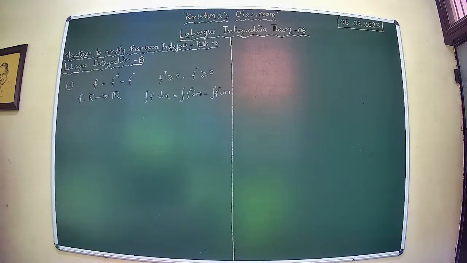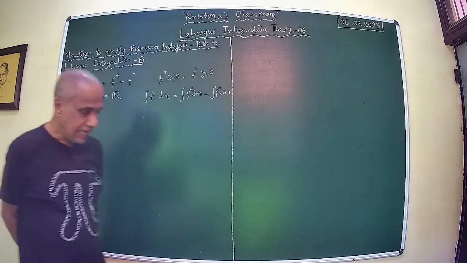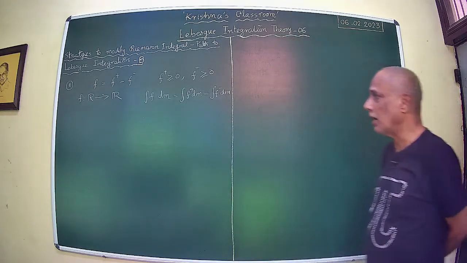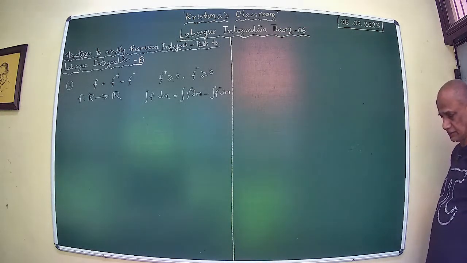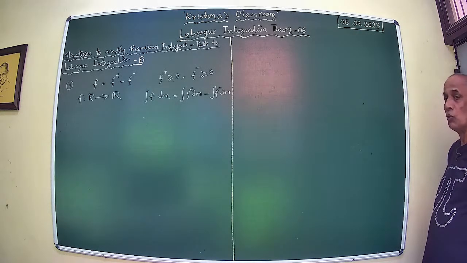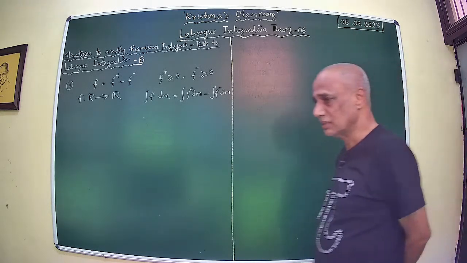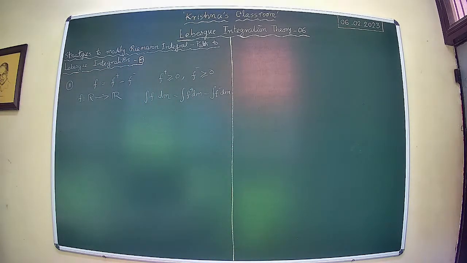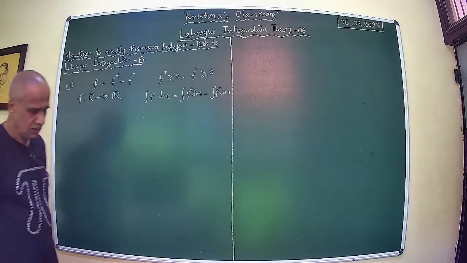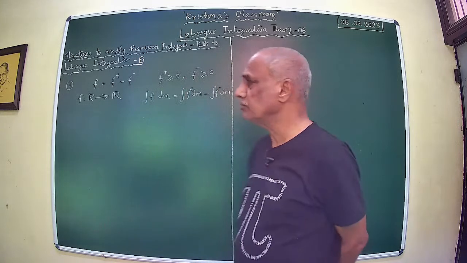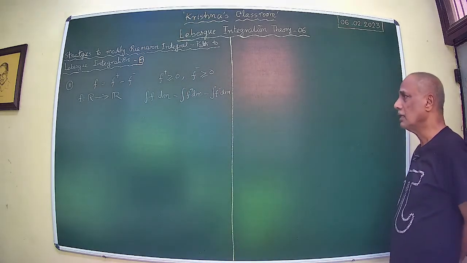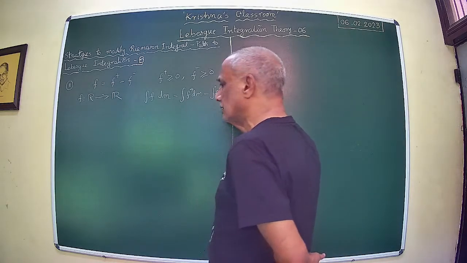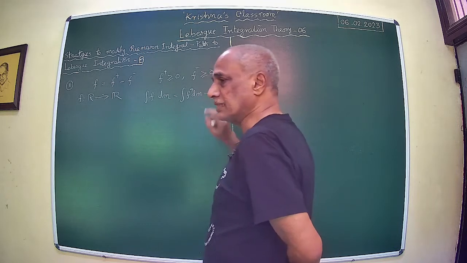The only catch is that we are now not restricting our choice to bounded functions, and also the domain, we don't insist that it is bounded. So it is quite possible that both integral f plus dm and integral f minus dm may be plus infinity.